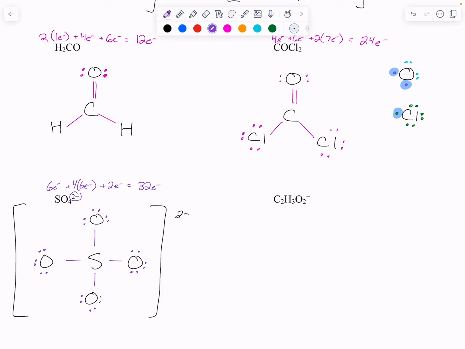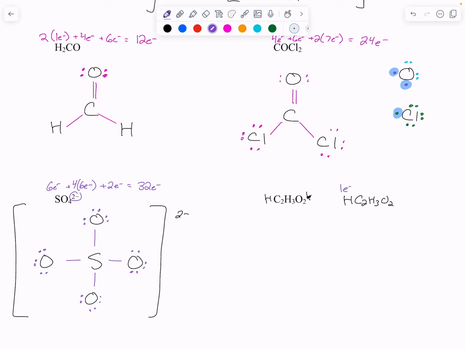That's good. Acetate. Oh, I wanted to do... Let's not do acetate. Let's erase that. Let's put an H there. Let's do HC2H3O2. Let's do acetic acid. All right. How many electrons do we have for acetic acid?